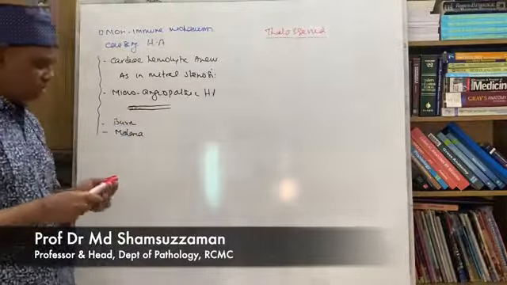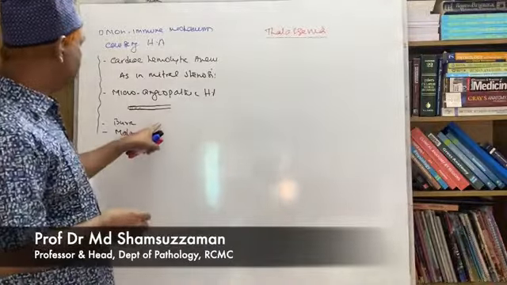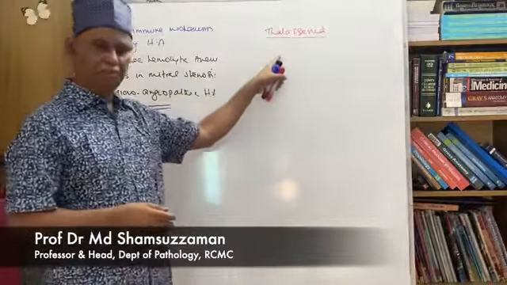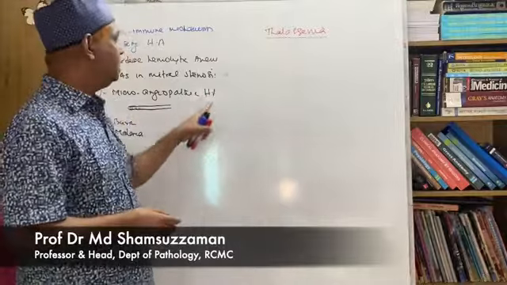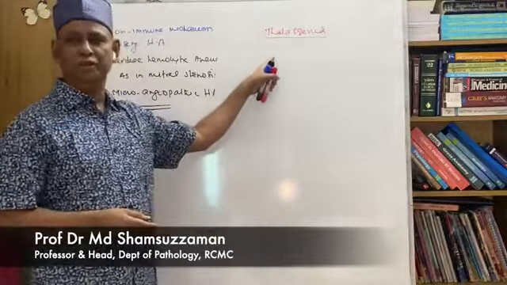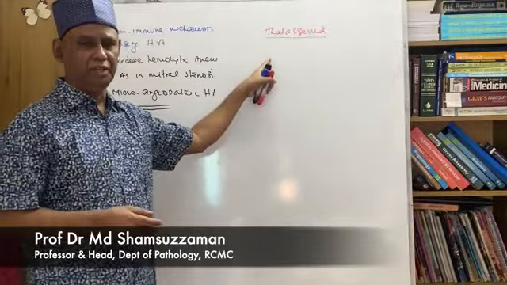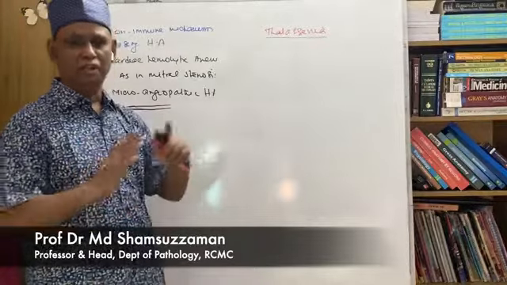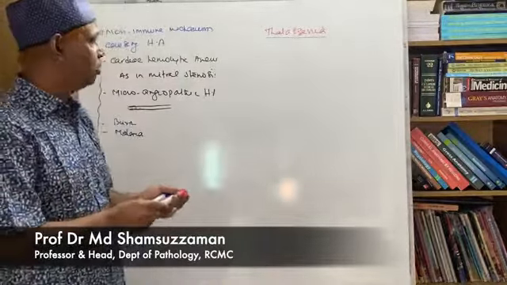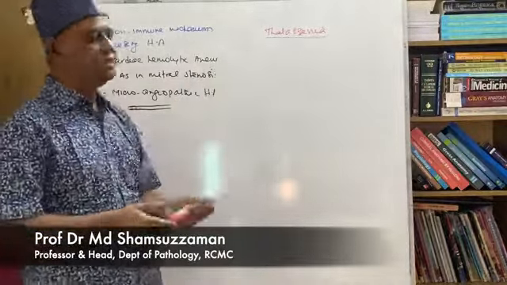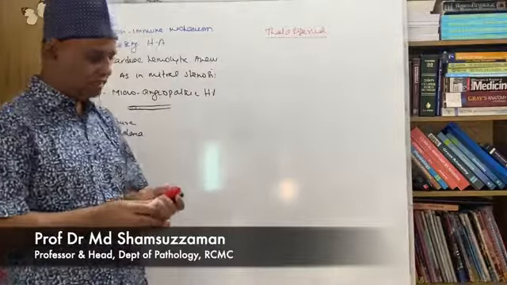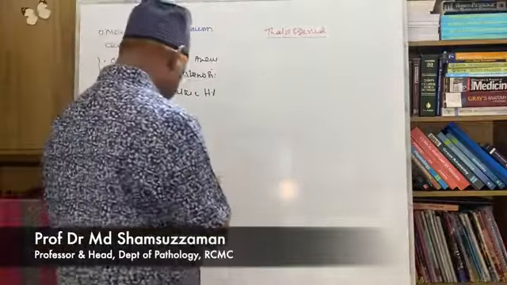Now come to thalassemia. I've told you thalassemia is the hemoglobin defect that causes hemolytic anemia, and it is the quantity defect of hemoglobin. It is not a structural defect of hemoglobin, and it is nothing but a genetic disease.